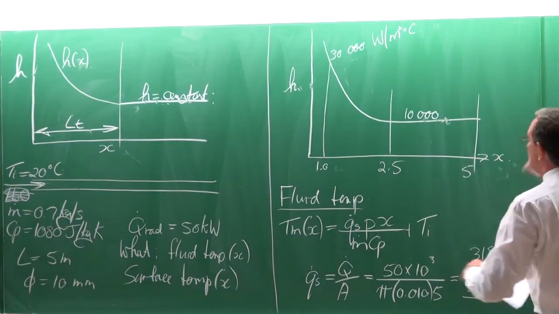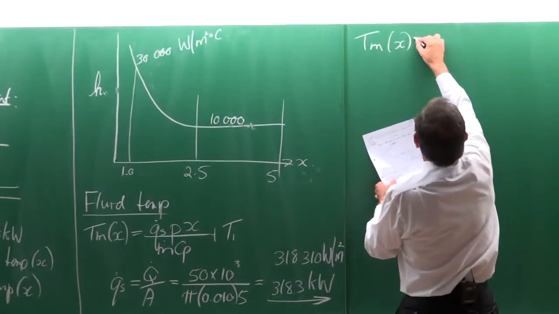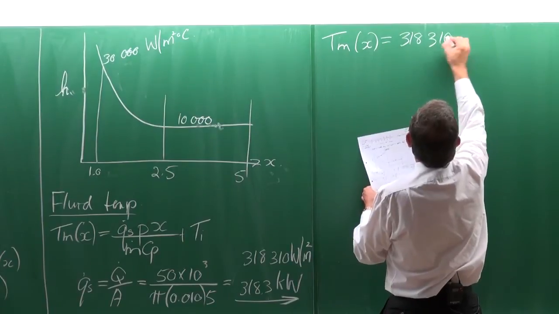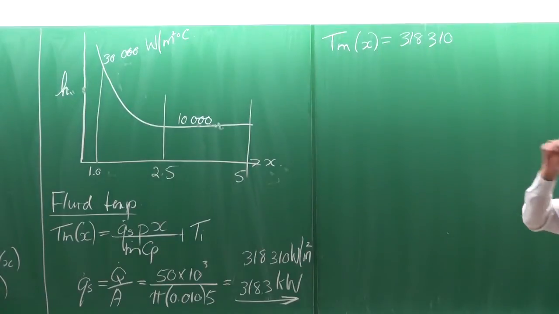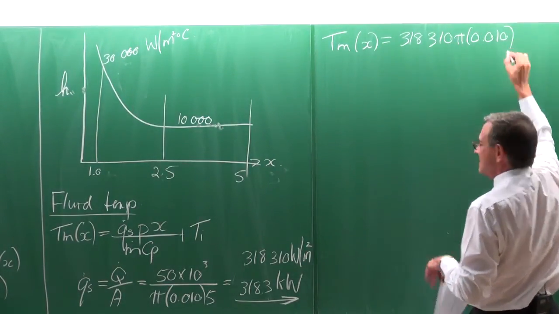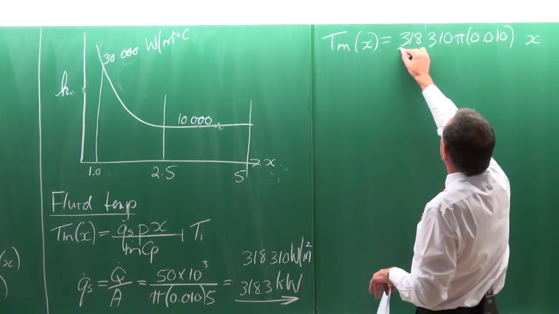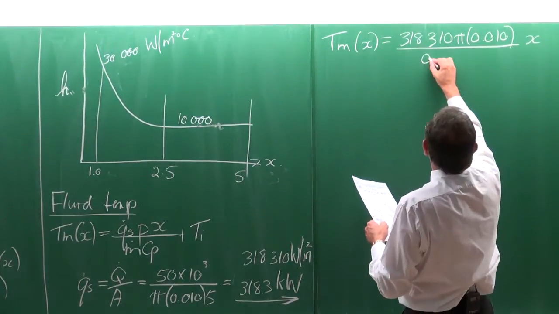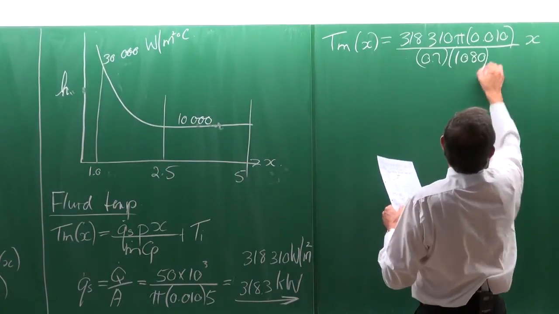Right, now we can substitute it in that equation. The mean temperature as a function of x is equal to the heat flux, which is 318,310, multiplied by the perimeter, which is in this case pi, multiplied by the tube diameter, multiplied by x, divided by the mass flow rate, which is 0.7, and Cp, which is 1080.